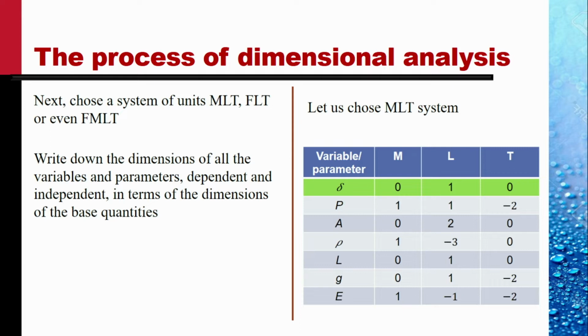Similarly for the other quantities. E, the elasticity, is like stress per unit strain, so it has the dimension of stress, which is force divided by area. So the dimensions are mass 1, length minus 1, and T minus 2.